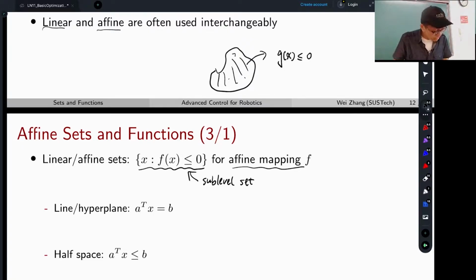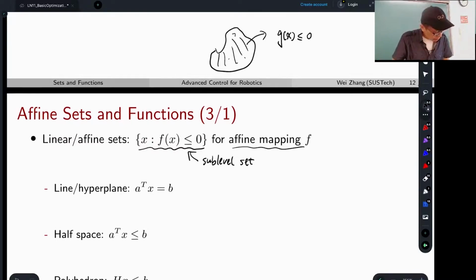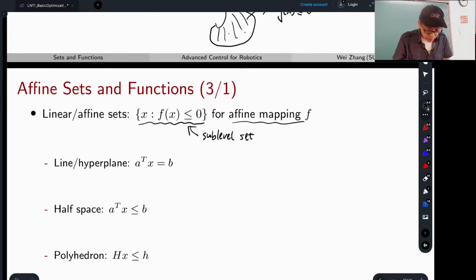For example, this line or hyperplane is defined as A transpose x minus b equal to 0.